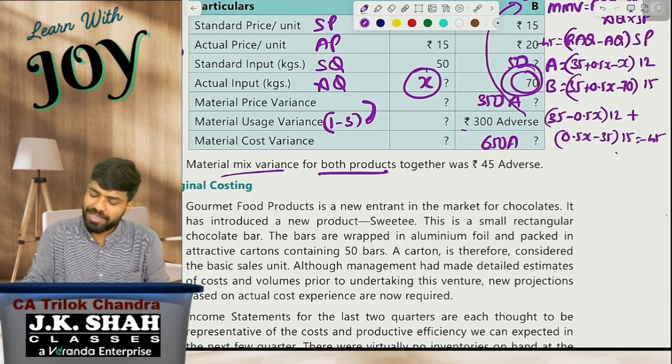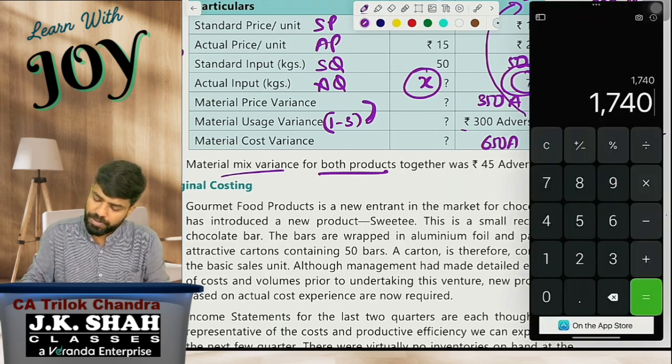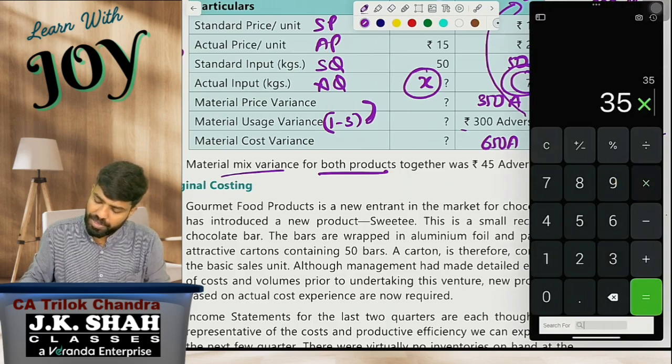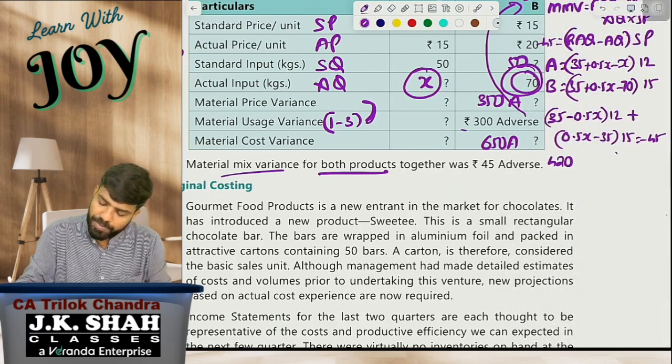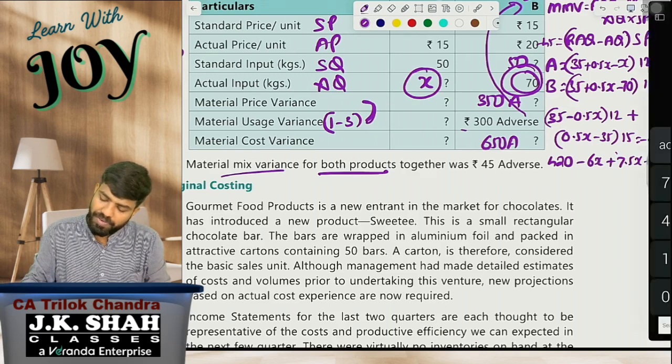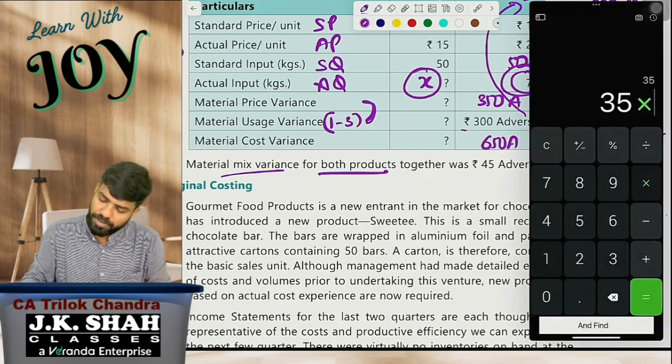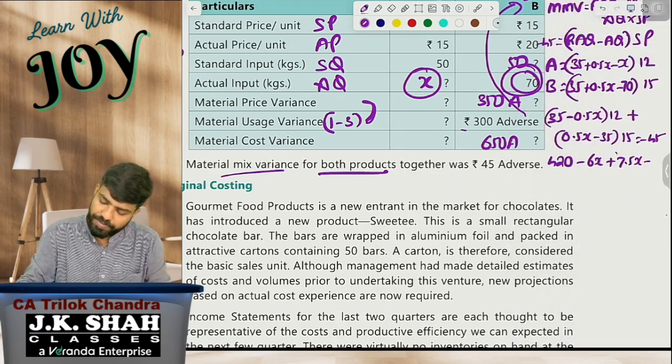Let us rearrange this. 35 into 12 is 420. So 420 minus 6x plus 15 into 0.5, 7.5x, minus 35 into 15 equals 525.